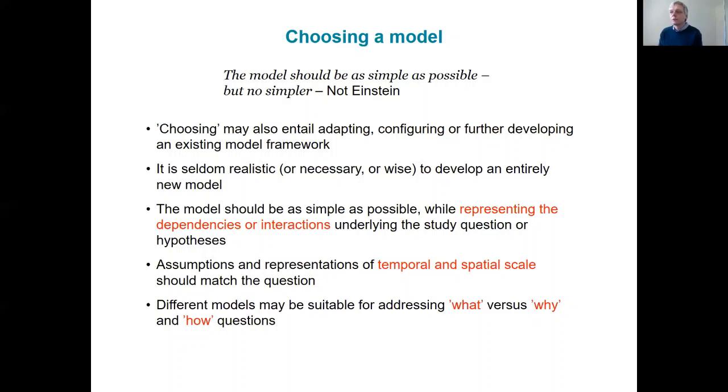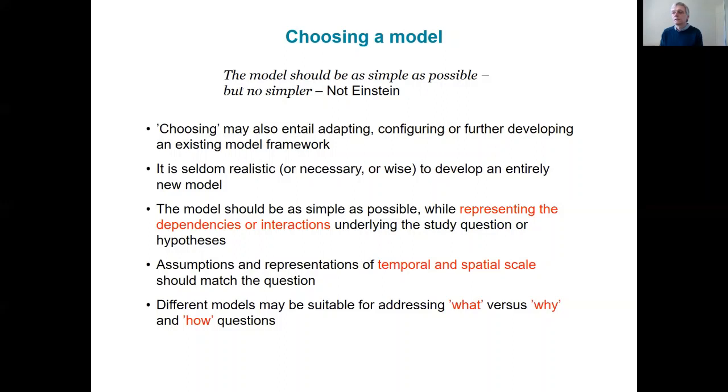So that means that the model should represent the dependencies, the interactions in the system or between the system and the drivers of the system that are behind the question we're posing, behind the hypothesis that we're testing with our model experiment. But ideally, it should be, in other respects, as simple as possible in order to allow us to understand the answer. The purpose of the model, again, is to simplify, to capture the essence of the phenomenon that we're studying.